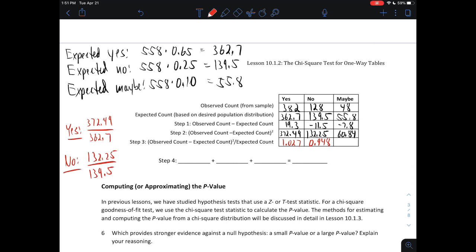And then finally for the maybes, that would be 60.84 divided by the expected count for the maybe, 55.8. So 60.84 divided by 55.8 gives us 1.090.